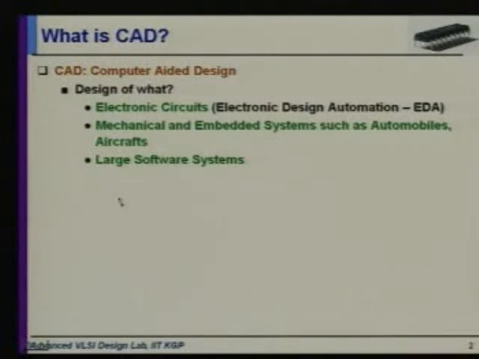It could be design of electronic circuits, which is popularly also referred to as electronic design automation, or EDA, and then it could be mechanical and embedded systems such as automobiles and aircraft. I believe you are aware of the fact that most of the controls in a modern automobile are computer controlled, right?